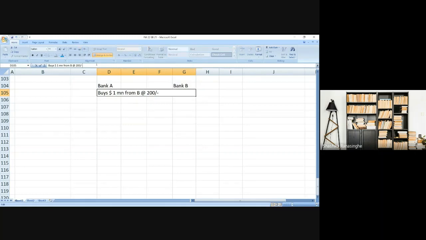Let's say the value date or settlement date is 3rd August, meaning tomorrow, right? So the settlement should happen tomorrow.